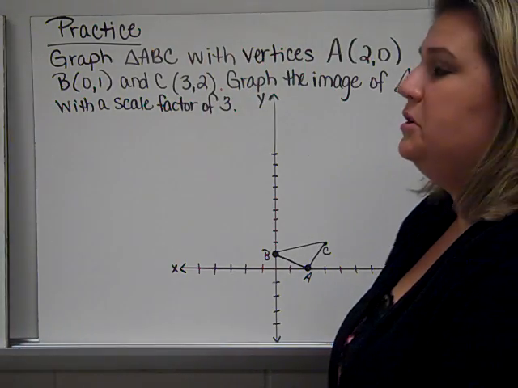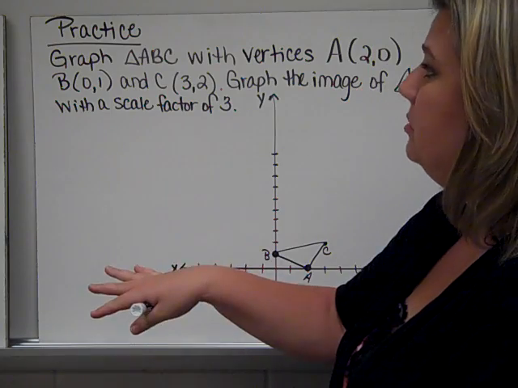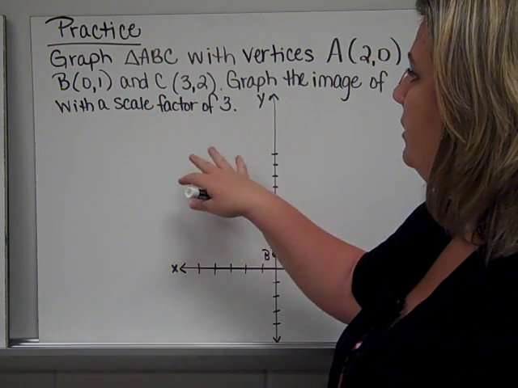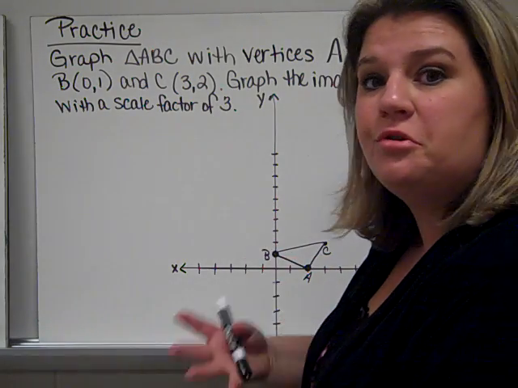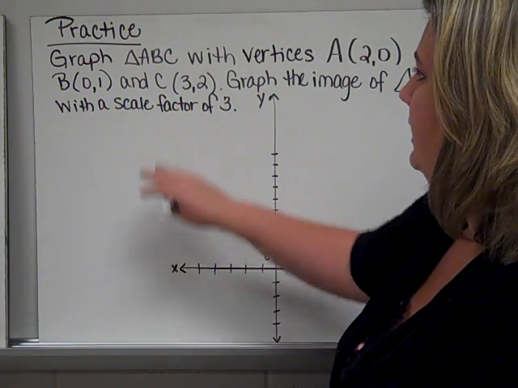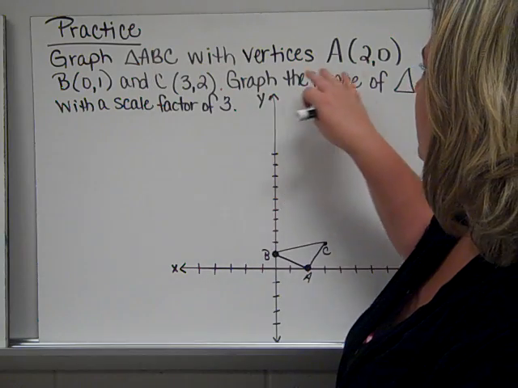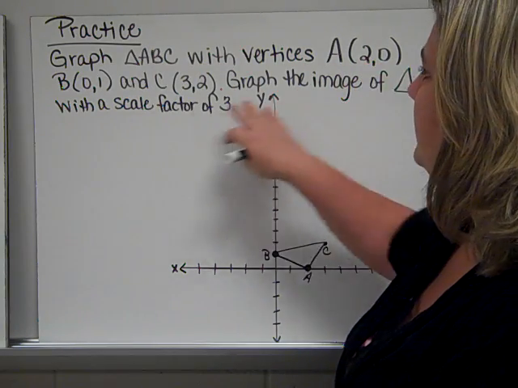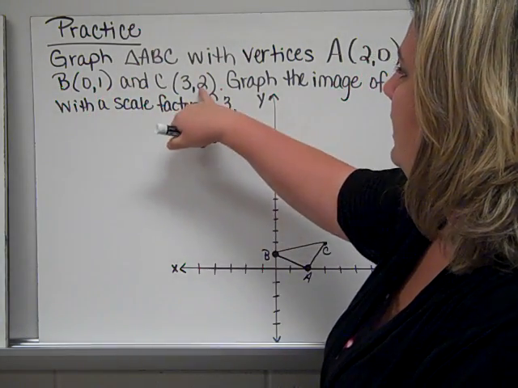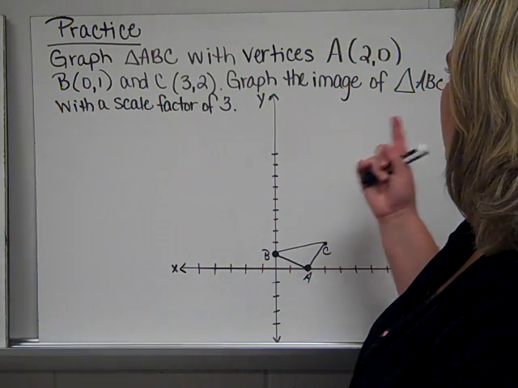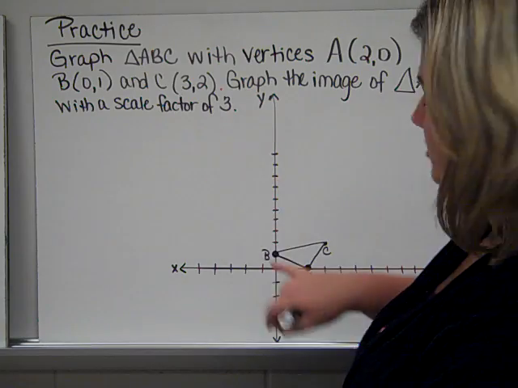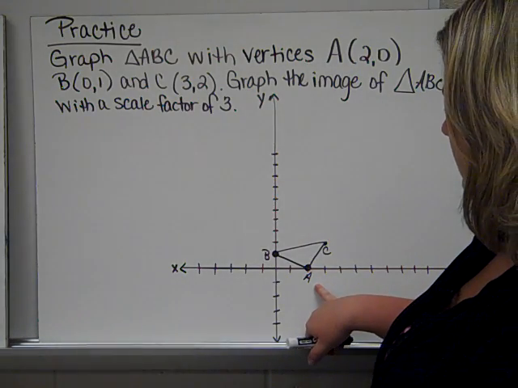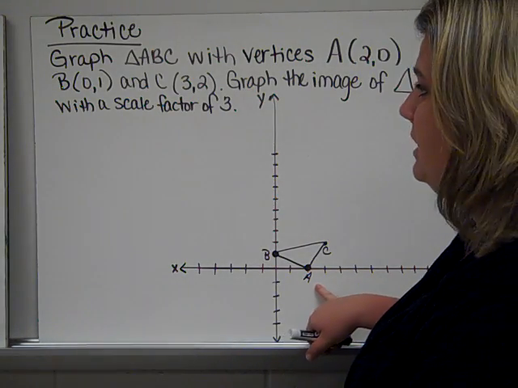Okay, so practicing what we just did, now we're going to work with a scale factor of 3, and we're also going to graph that image. Triangle ABC with vertices 2, 0, 0, 1, and 3, 2. We're going to graph the image of triangle ABC with a scale factor of 3. As you can see, I've already graphed the original, the pre-image.